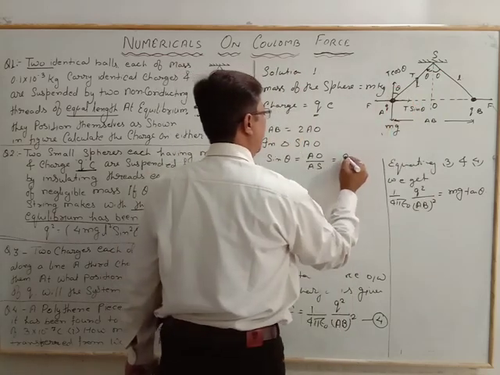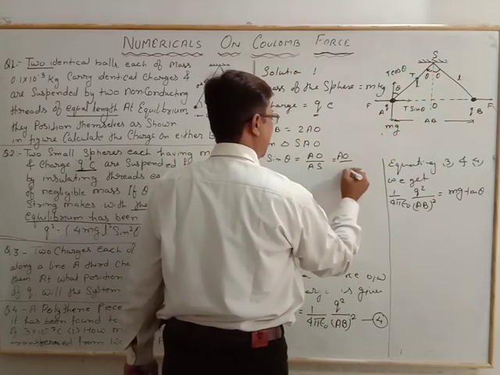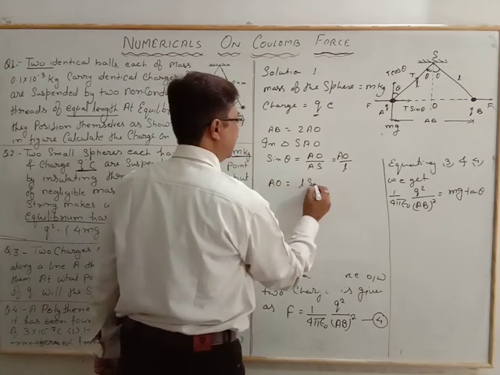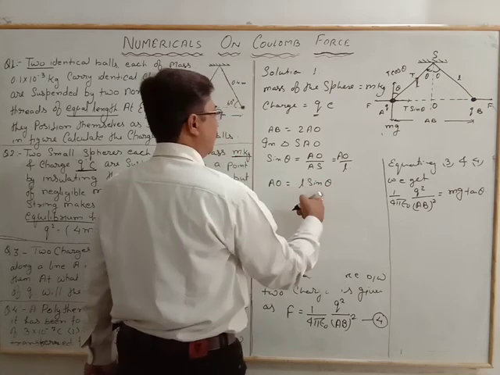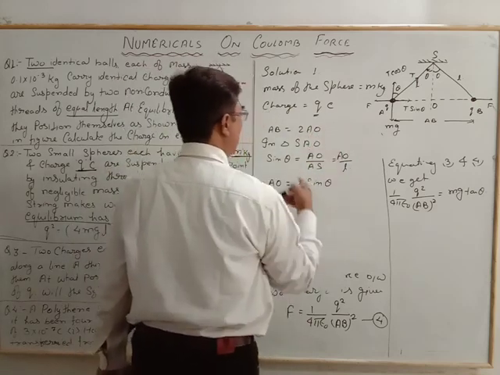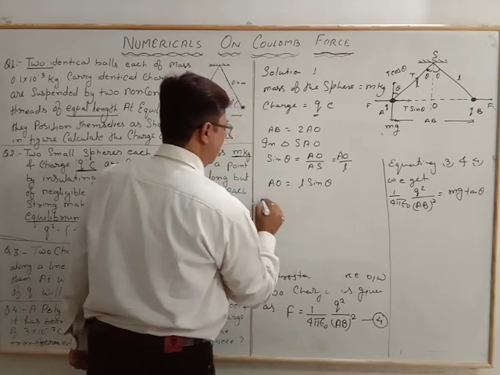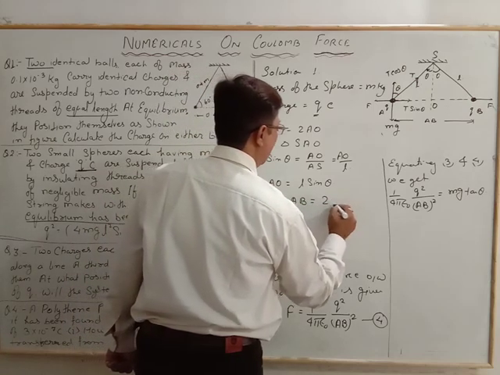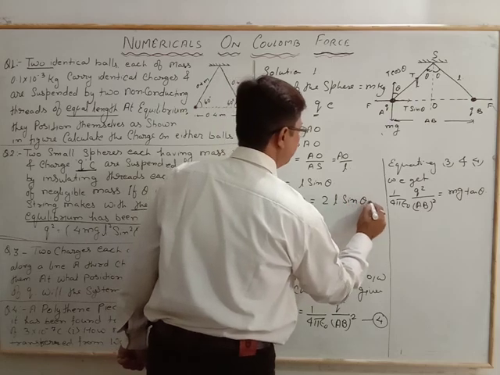So AO by L, or we can write AO is equal to L sin theta. Now we put the value of AO in this relation, so AB is equal to twice of L sin theta.